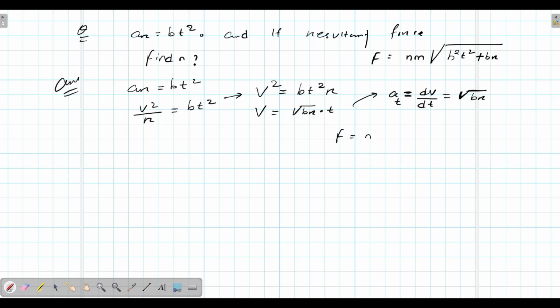Acceleration is root over of tangential square plus centripetal square.